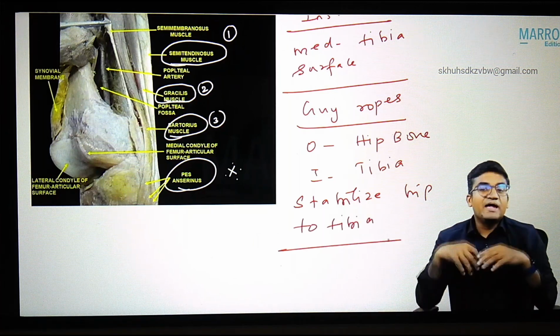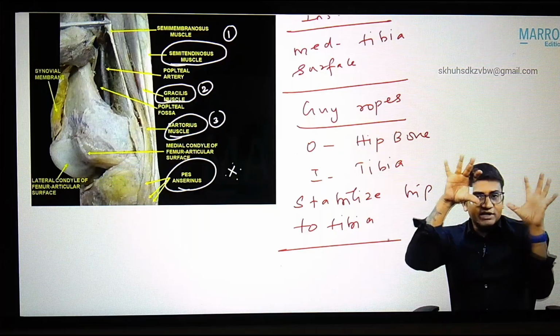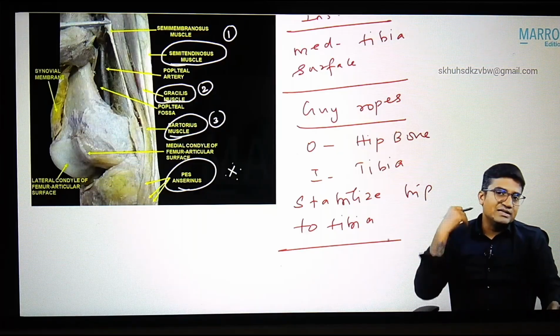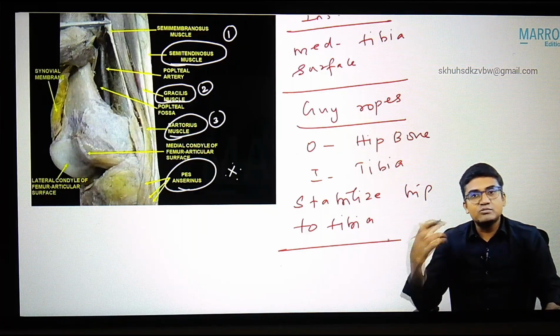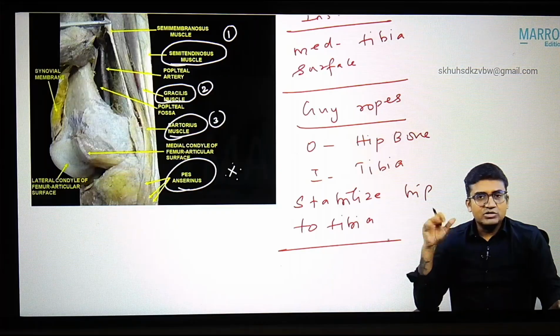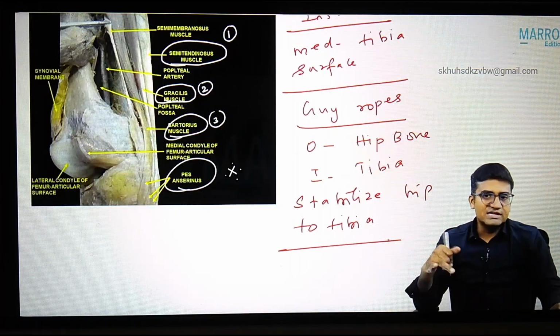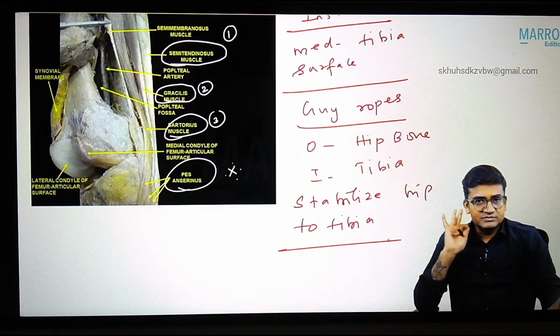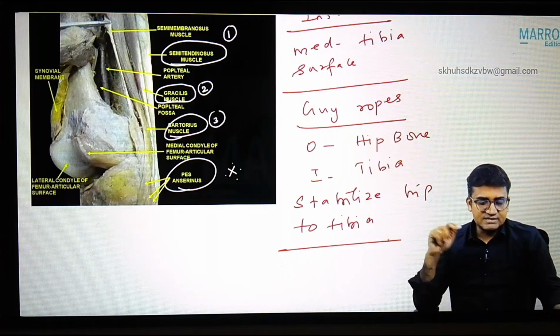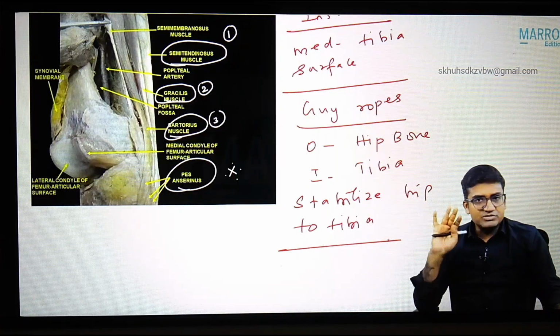So, these three muscles act as a long rope which stabilizes the hip bone to the tibia. That is why these three muscles are also called guy rope muscles: sartorius, gracilis, and semitendinosus. Is that clear? Yes. So now the insertion of sartorius is over.